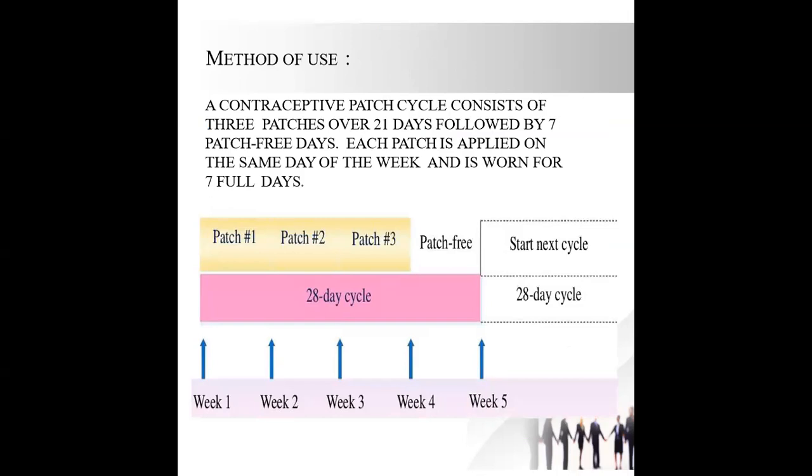So the method of use is a contraceptive patch cycle consists of 3 patches over 21 days, followed by 7 patch-free days. Each patch is applied on the same day of the week and is worn for 7 full days. For example, the first patch at the start of the first week, the second patch at the start of the second week, the third patch at the start of the third week, in a 28-day menstrual cycle, and 1 week is patch free.